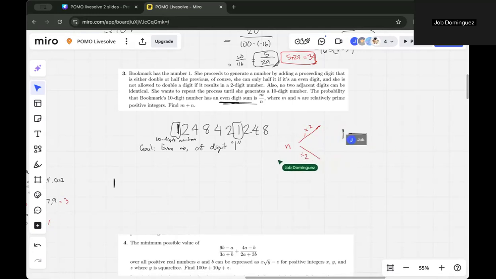So it can only be multiplied by 2. Similarly, for 8, it can only be halved, because if you multiply it, it will go to a two-digit number. Oh, 4. Wow, that was wrong.